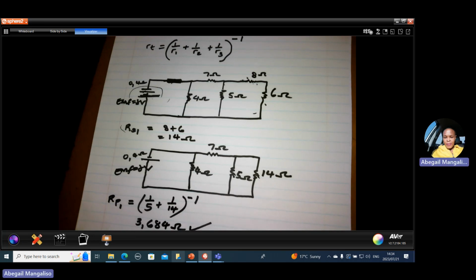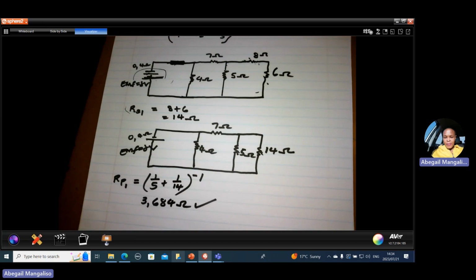That is the answer for the parallel resistance. Now I'll sketch what will be the remaining circuit when this is collapsed. 7 is there. The parallel resistors are 3.684 ohms.